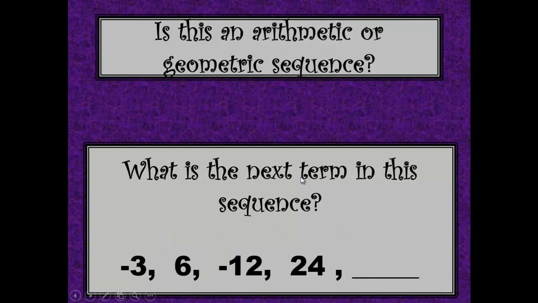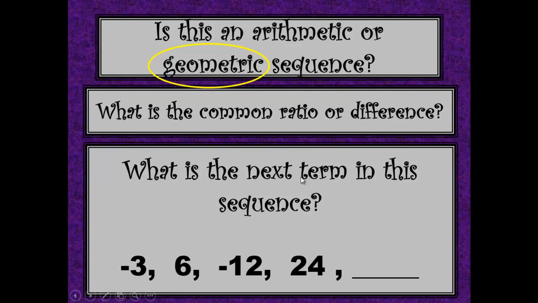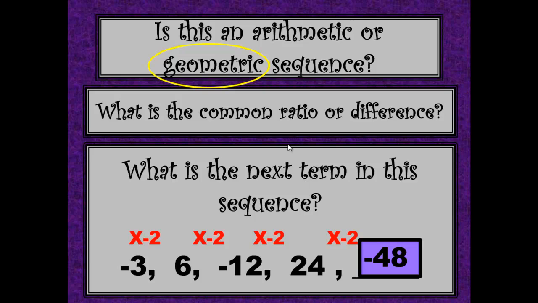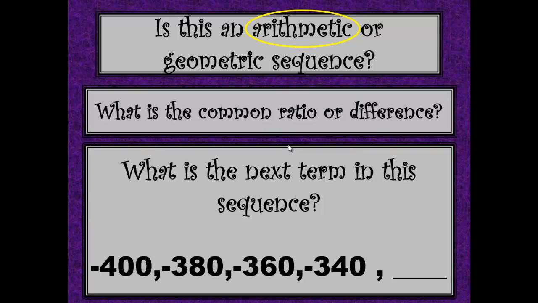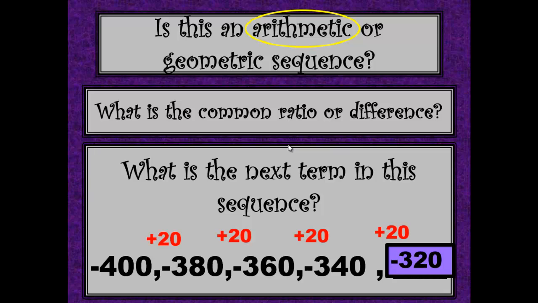How about this one, guys? Geometric. Okay, good. The common ratio is, okay, -2. So the next term is -48. What is the next term? Oh, it is arithmetic. What is the common difference? +20. So the next term is -320.